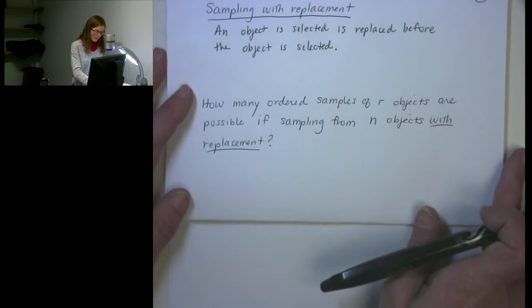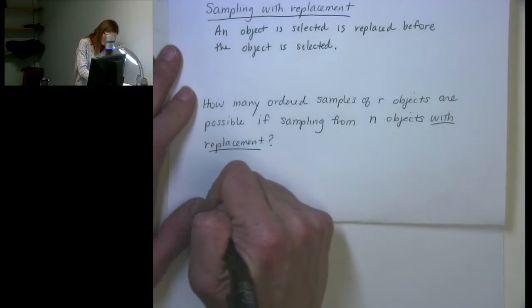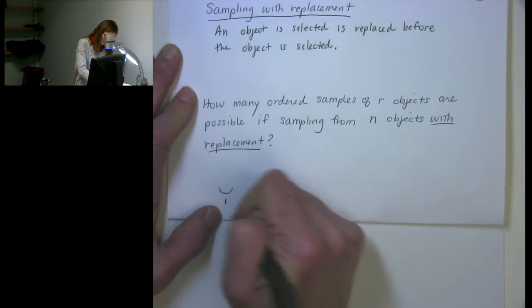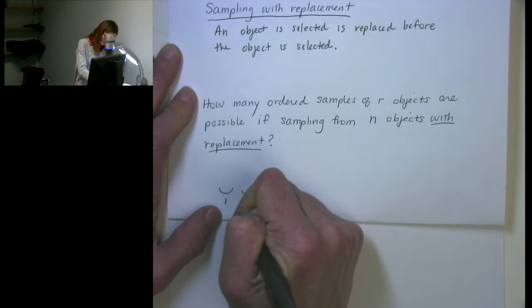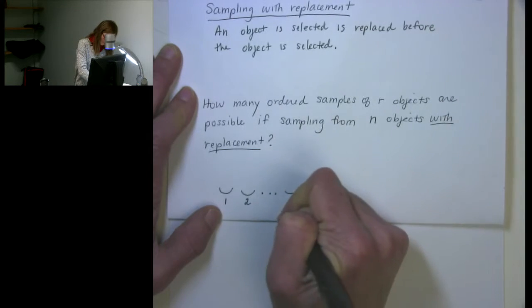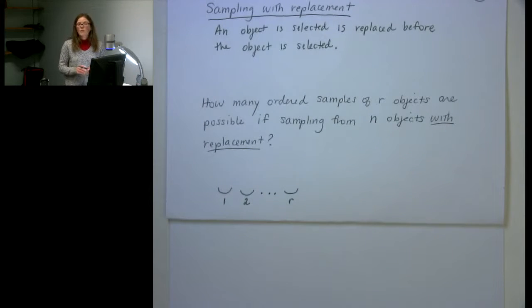So if we're sampling with replacement, and I'm going to take a sample of r objects, I've got r slots that I'm going to fill. That's my sample. And for the first slot, I have n possible objects that I could choose. Everything's available in the sample.